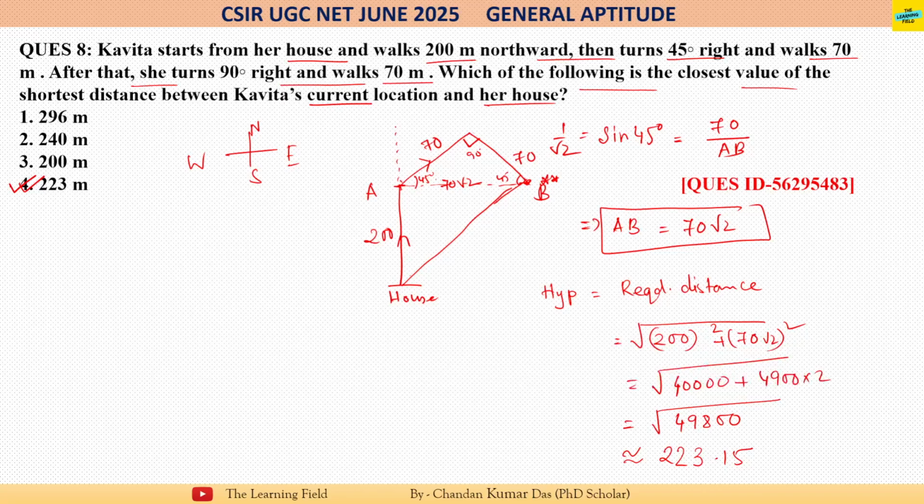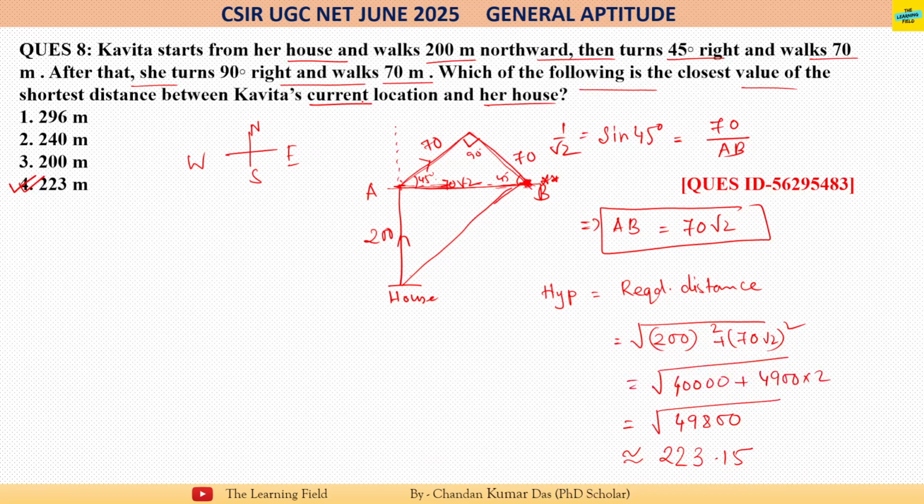Fine. You may ask how he gets from this position: because he goes 70 meter this side and 70 meter this side, these two are equal, so we can draw this line very easily.